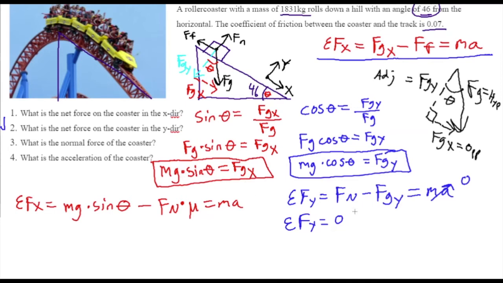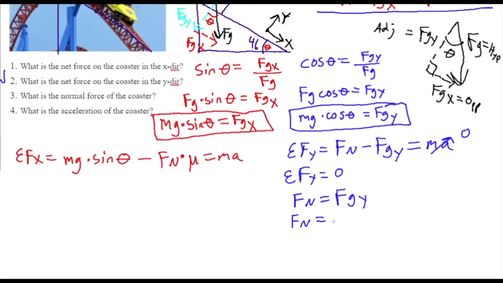And if we move on to number 3, it says, what's the normal force? Well, that's just going to tell us that normal is equal to force gravity in the y. We know that force normal is just equal to mass times gravity times cosine theta. We know what the mass is. It was given to us in our problem, and the mass was 1,831.